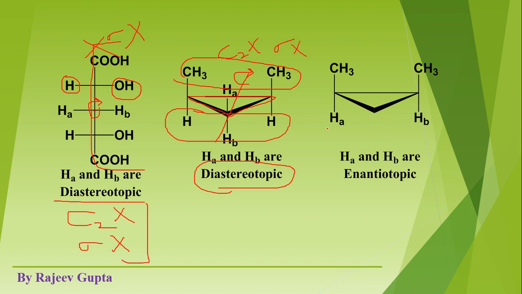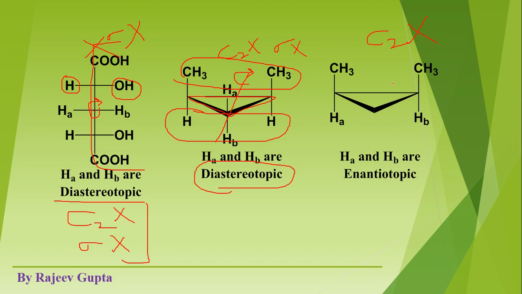Also now check this Ha and Hb. First what we see, C2 symmetry or 180 degree rotation. So we cannot apply that type of C2 symmetry or 180 degree rotation where these Ha or Hb exchange their positions. So C2 in this molecule does not exist.